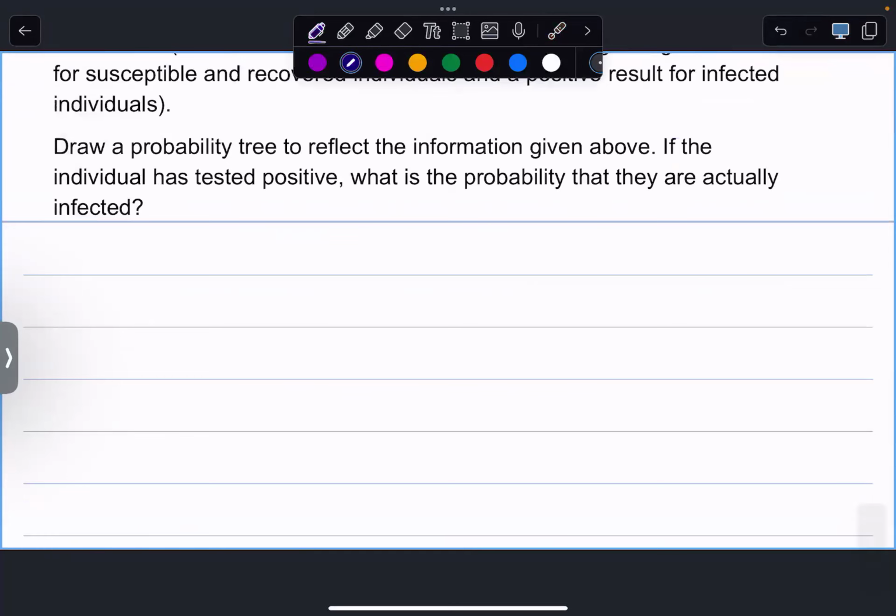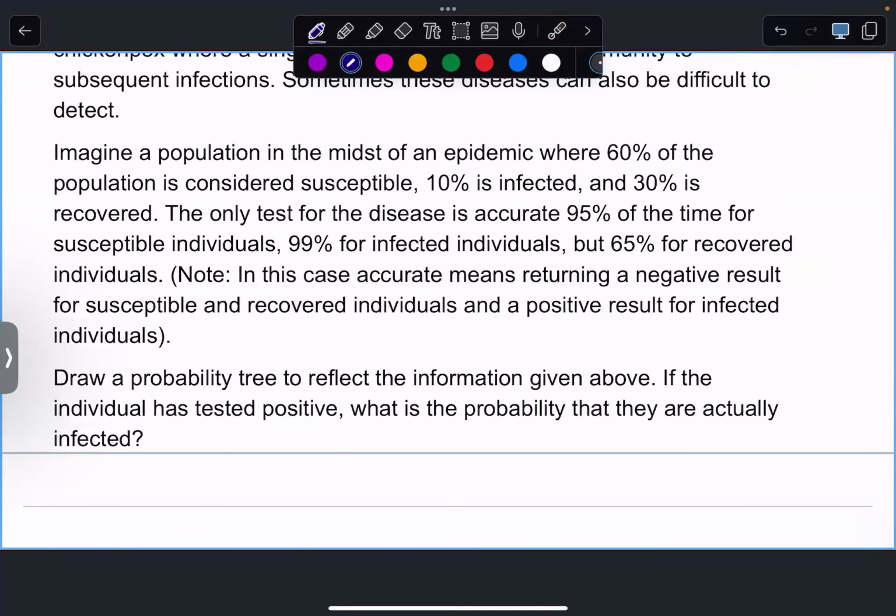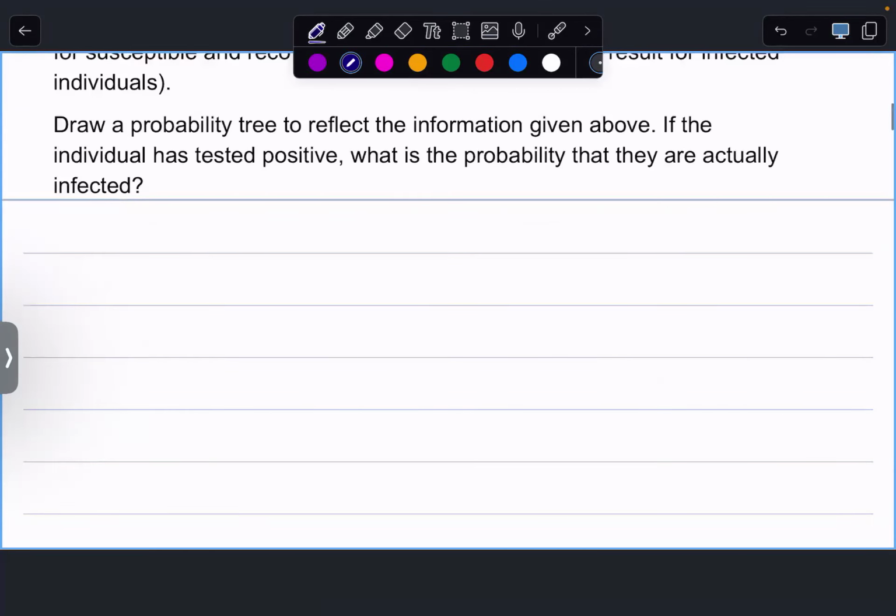So let's start mapping things out. I haven't read the entire question yet, but I do want to highlight a couple of things for our tree. So first, our population is split into 3 groups, right? And so now I'm going to start with 1, 2, 3 branches.